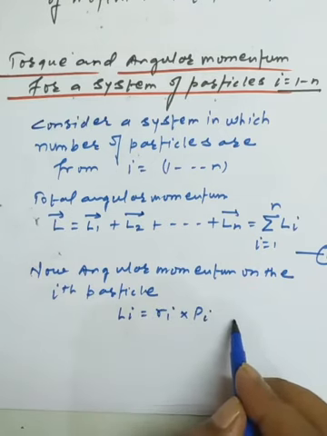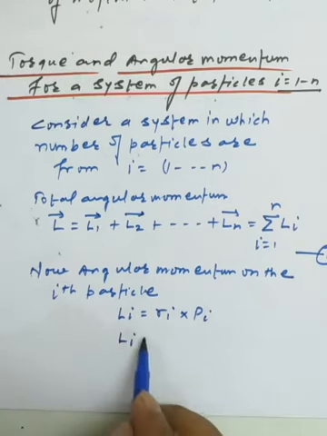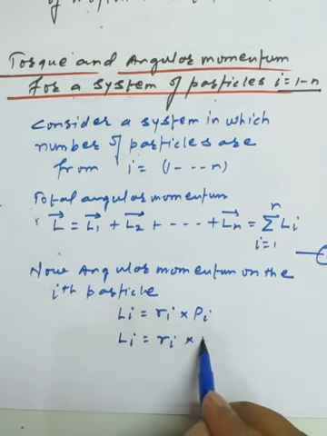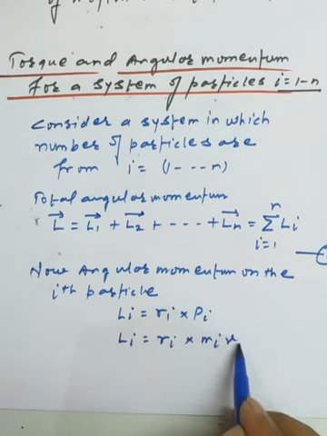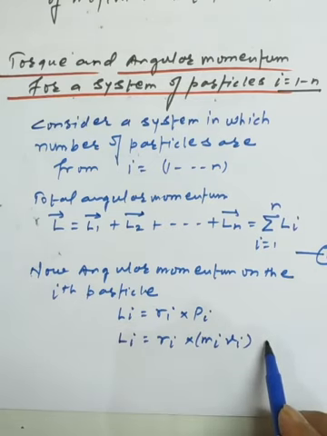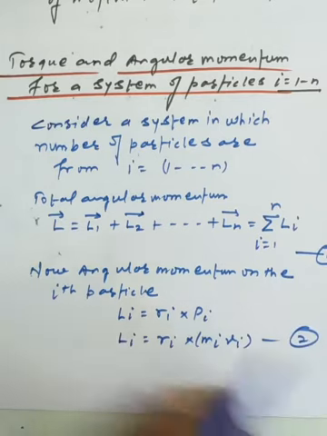So this is one of the basic relations we have, and we can make further changes in it. Li is equal to Ri cross Mi Vi. Okay, so this is the simplest general explanation of the term we have. Now we are calling this equation number 2.